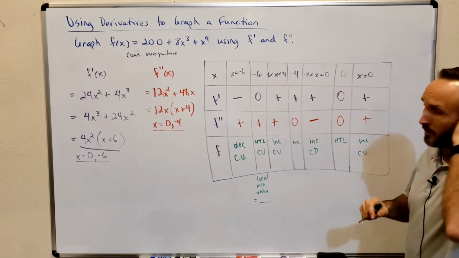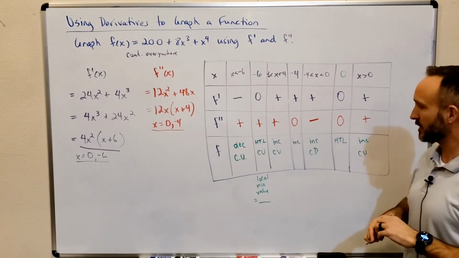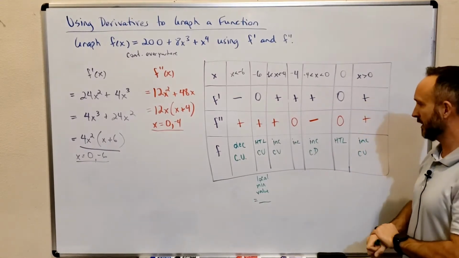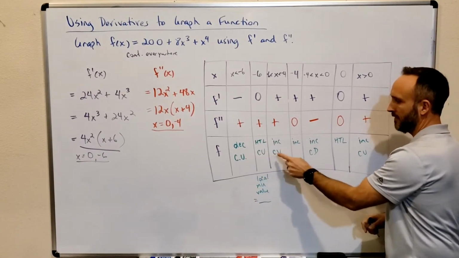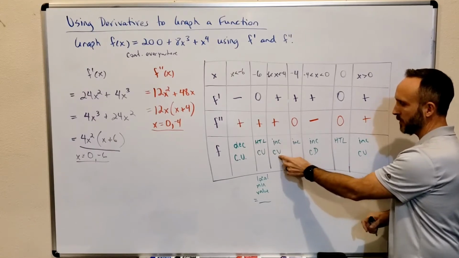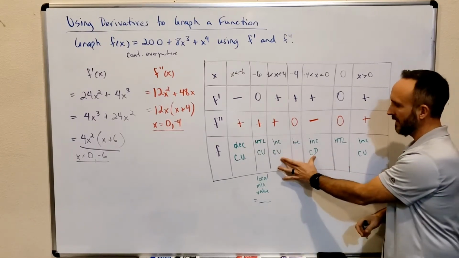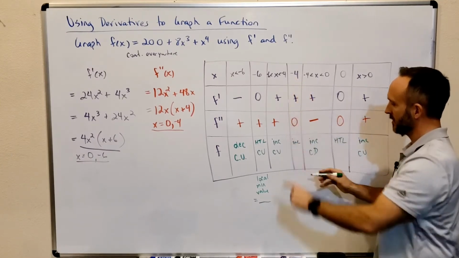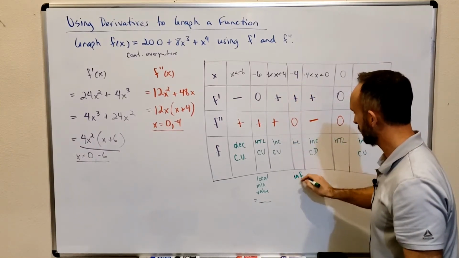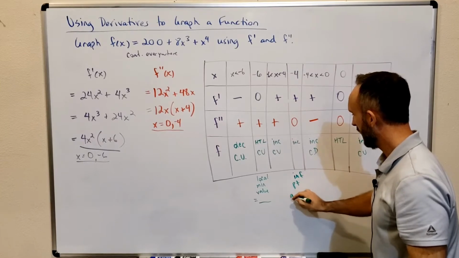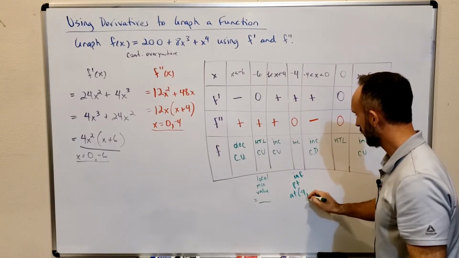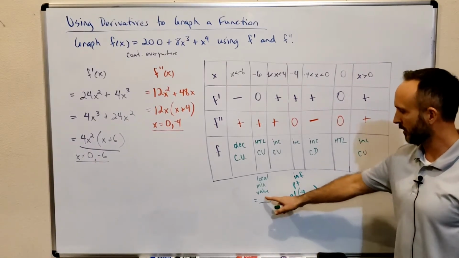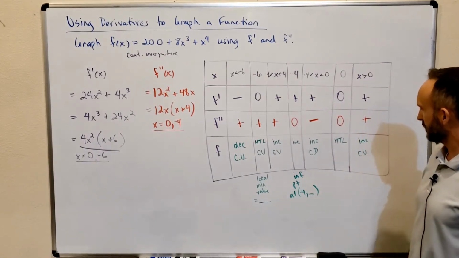Now, let's talk about inflection points. Inflection points happen when the concavity changes at a point of continuity. So we're concave up, concave up, concave up, but here we switch from concave up to concave down at negative 4, and we know we're continuous. So here we have an inflection point at -4, comma, and we have to find that y value. So we'll use the calculator shortly to figure out these y values.